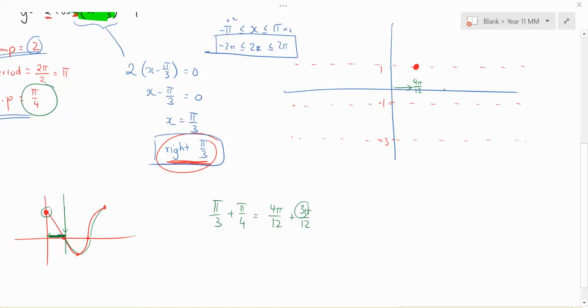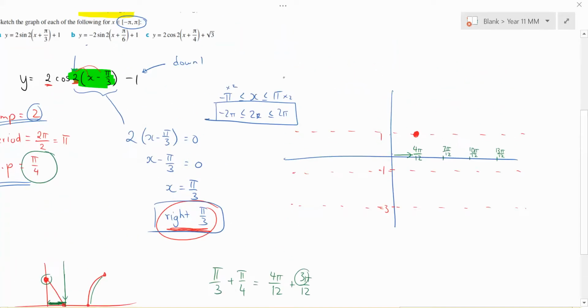So if I add another 3, it makes it now 7 pi on 12. True? To get to the next quarter cycle, it would have to be now 10 pi on 12. To get to the next quarter cycle, it will now have to be 13 pi on 12. Now, what I hope that you picked up is 13 pi on 12 is actually above the current domain. The domain is pi. So 13 out of 12 is obviously too much.